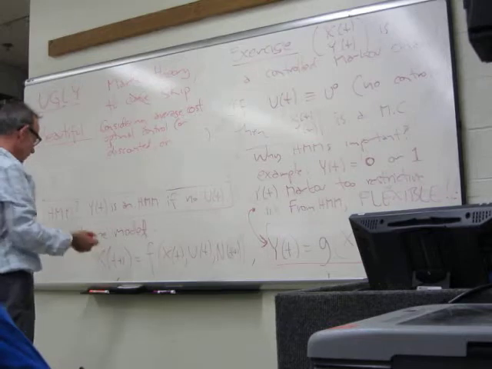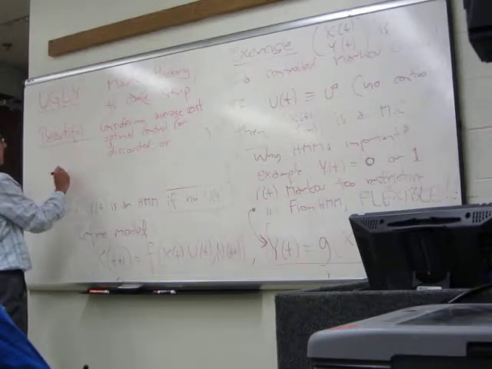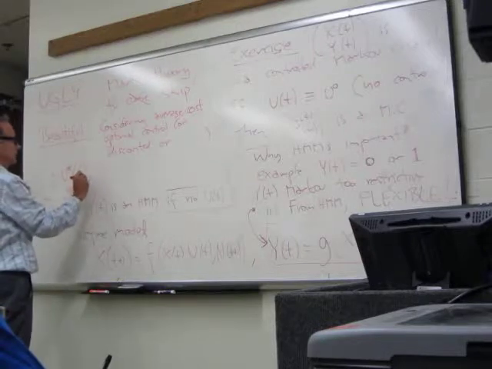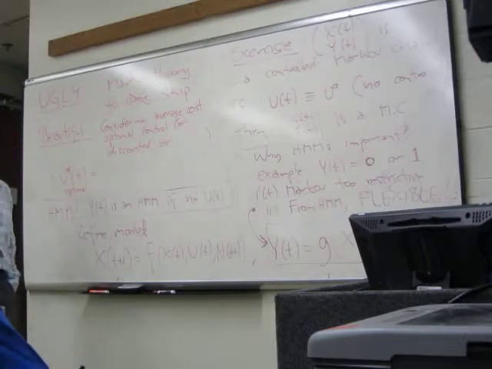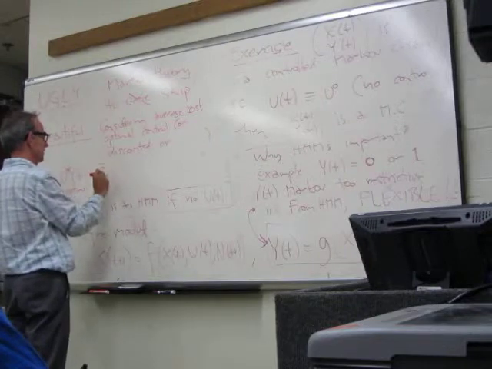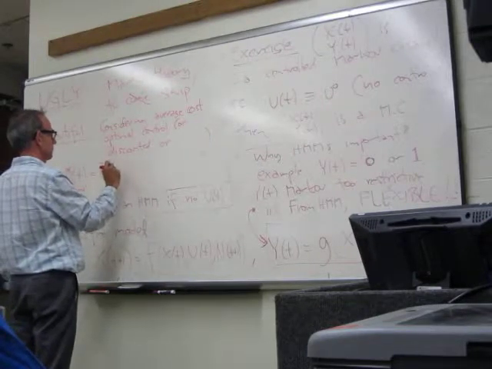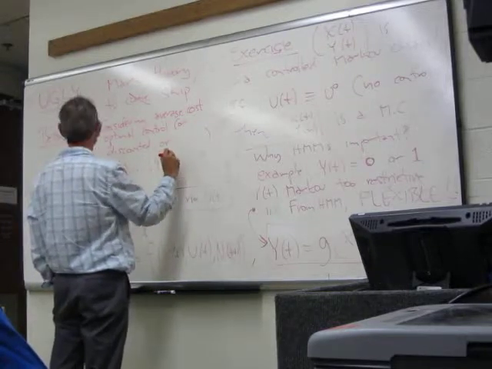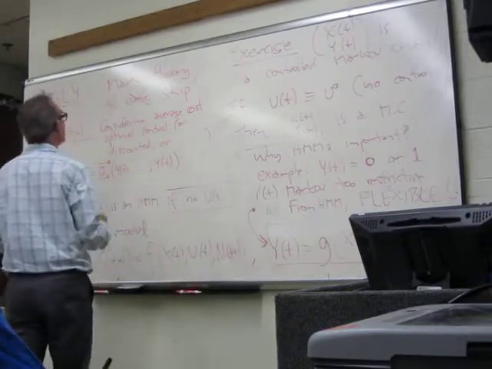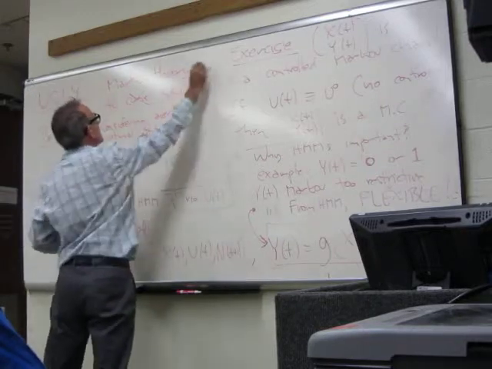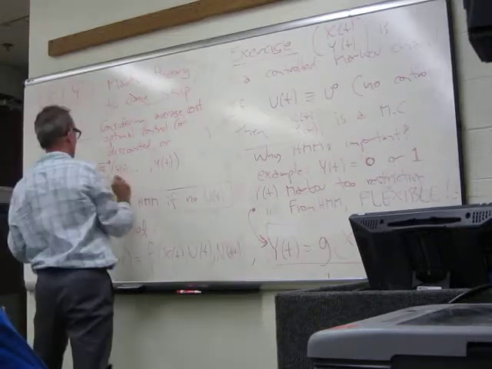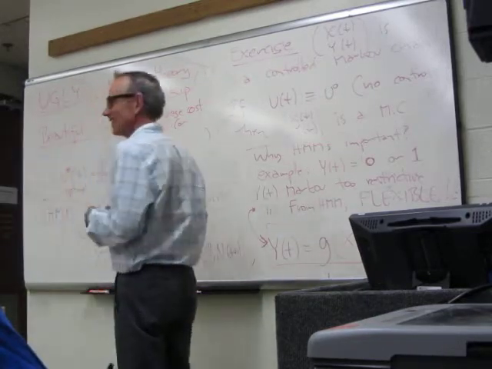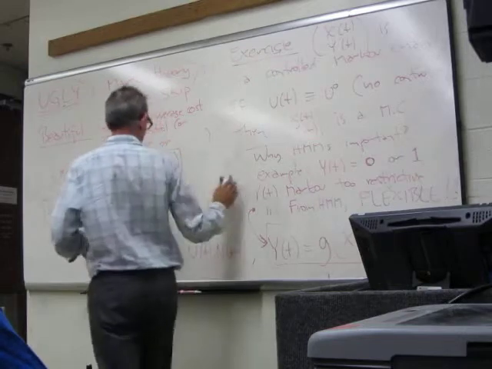Well, where is it? I do know that the optimal control is equal to this horrible function. I should have used a different color for ugly. Now that's ugly, right? That's ugly as hell.